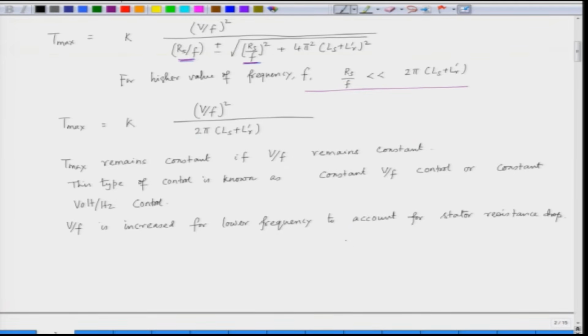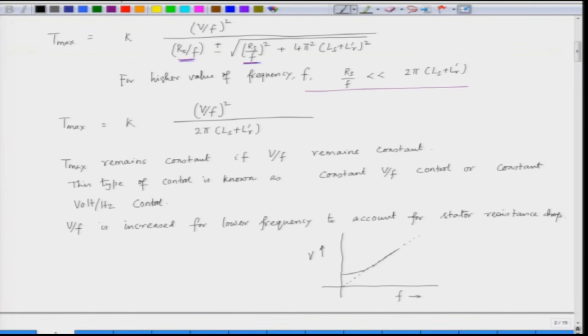So, let us try to see what is the characteristic that we have. On one side we have the voltage, on the other side we have the frequency. So, we are keeping V by f constant. So, ideally we will be moving in a straight line passing through the origin, but however at low frequency we increase V by f to account for the stator resistance drop.